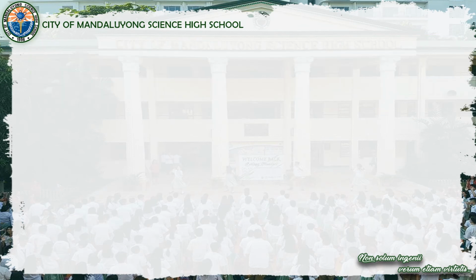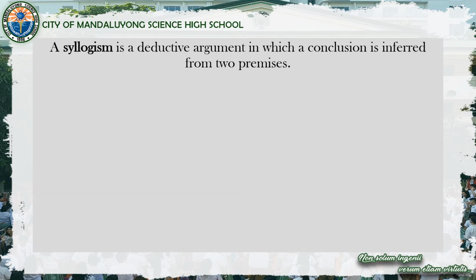Okay, so now we'll continue. These are terms which are also important as we study mathematical logic. The first one is syllogism. This refers to a deductive argument in which a conclusion is inferred from two premises.